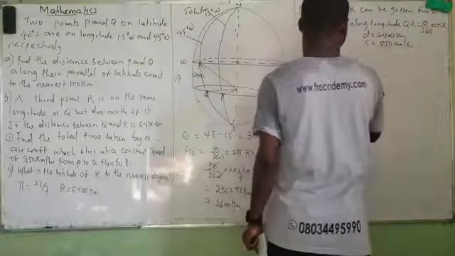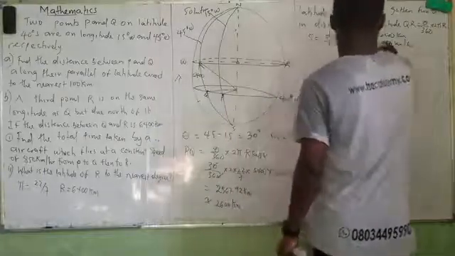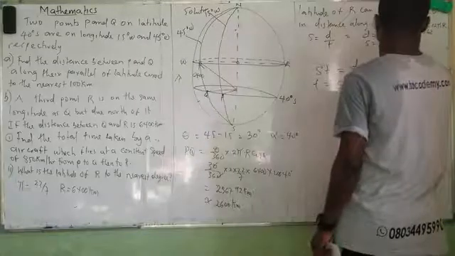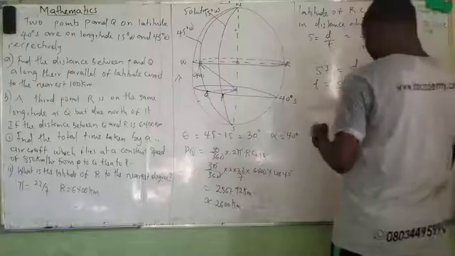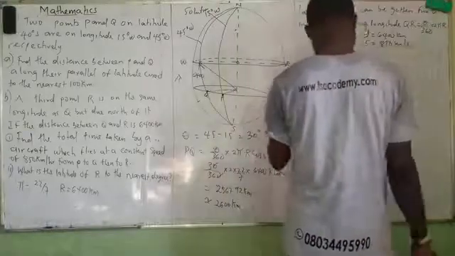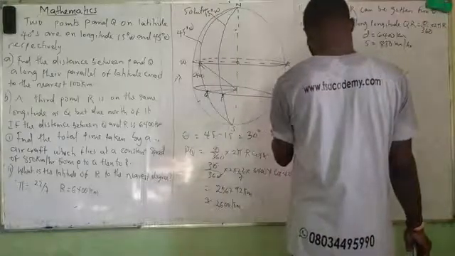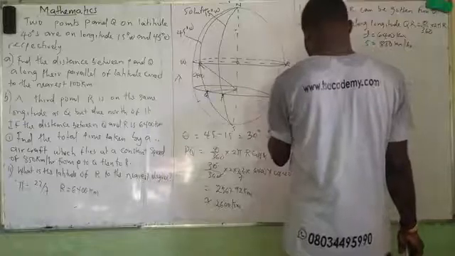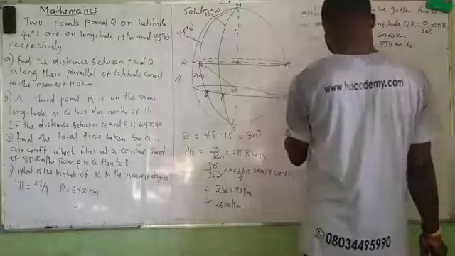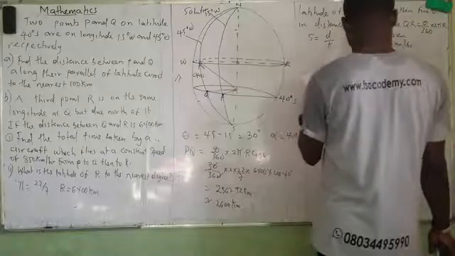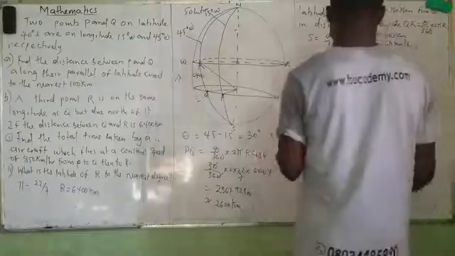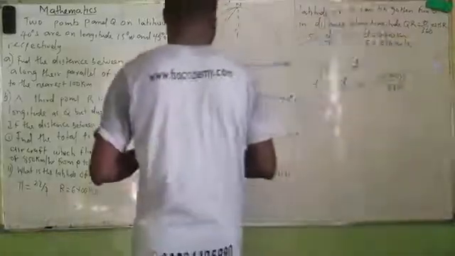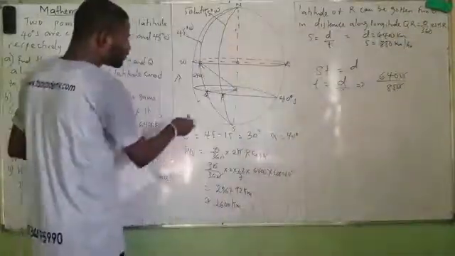Now, what is my D? My D is 6,000 divided by 850, which will cancel. I know 5 will divide both of them. Okay, yes, I've gotten part of the distance.